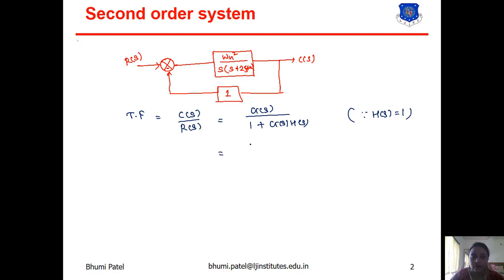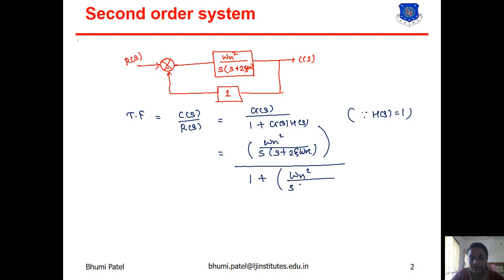So put the value of G of S: omega n square upon S plus 2 zeta omega n, upon 1 plus omega n square upon S in bracket S plus 2 zeta omega n, bracket complete.